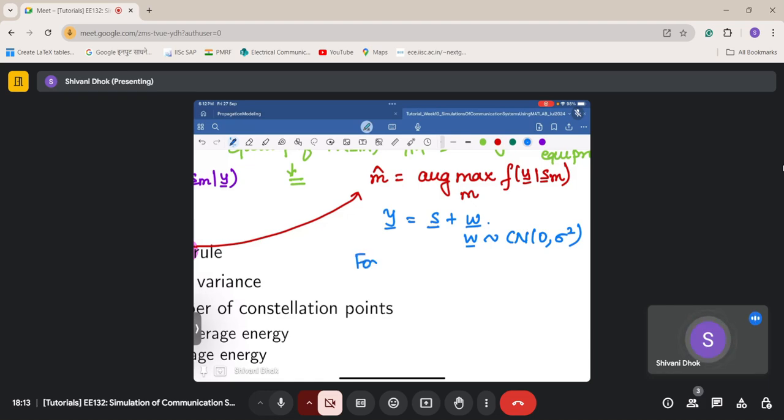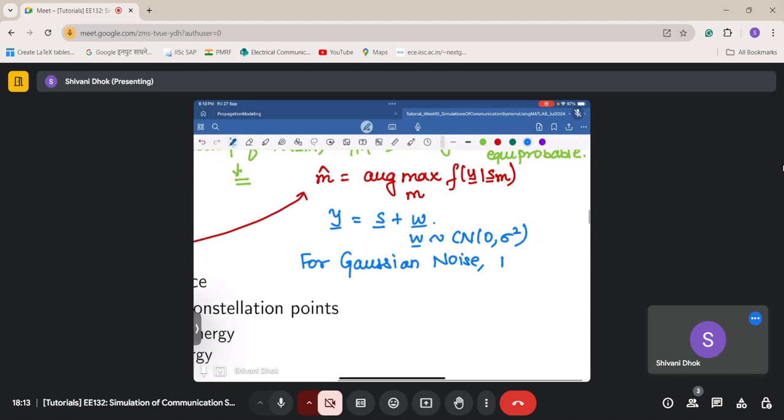Therefore, for Gaussian noise, the ML rule specializes as follows.